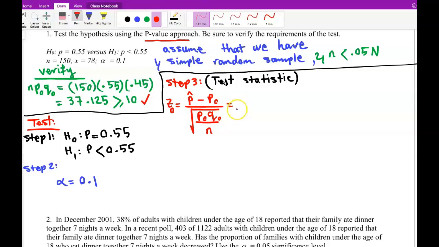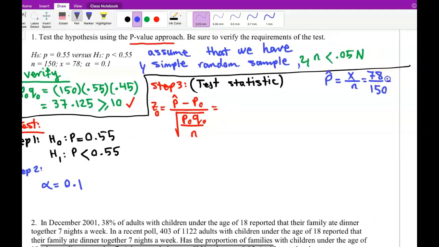Before writing that part, I need to find what p hat is. So finding p hat first. P hat is equal to x divided by n. X is 78 and n is 150. That's equal to 0.52.